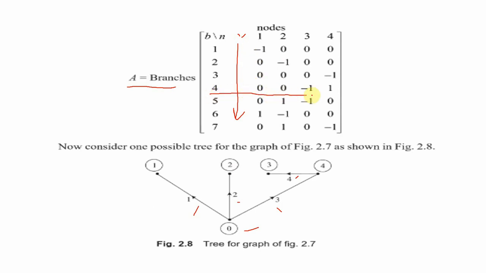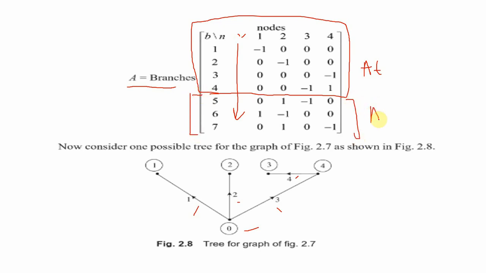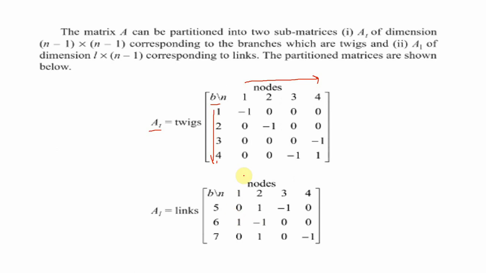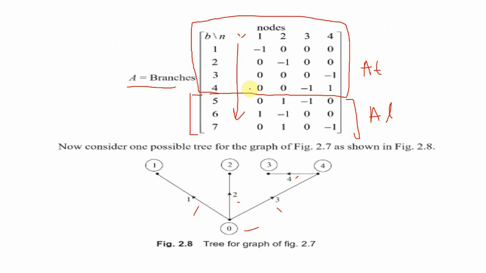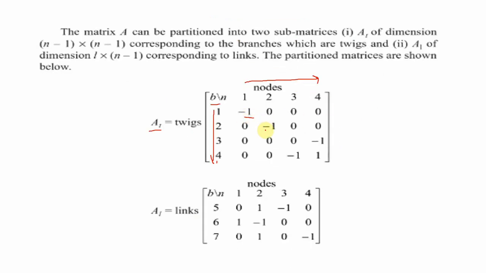If you divide this matrix, this matrix belongs to A twig, and the remaining matrix belongs to link, that is nothing but the branches of trees, right? So here this matrix is formed by using this matrix, right? Here minus 1 minus 1, so similarly here also minus 1 minus 1. This is your twigs, and links is this one: 5, 6 and 7, these are your links.